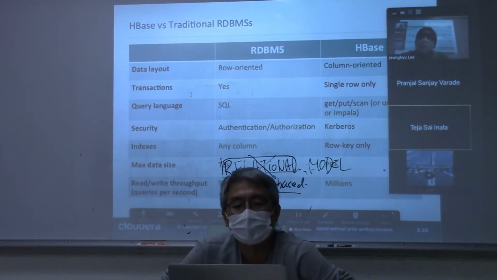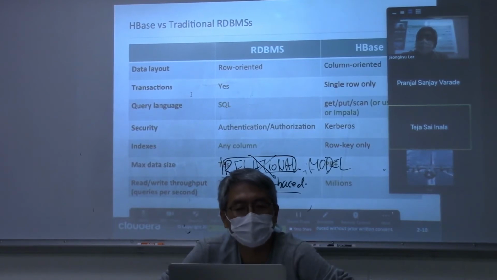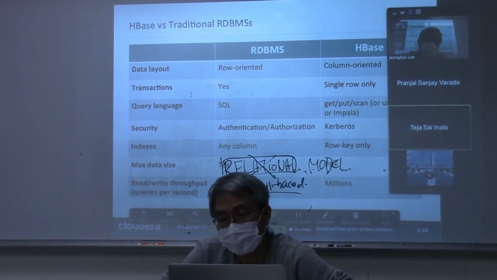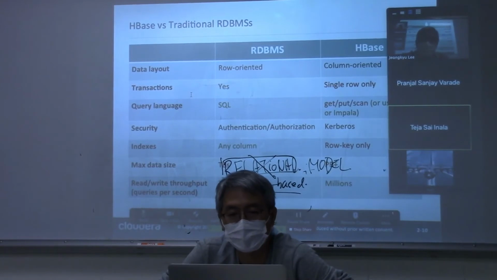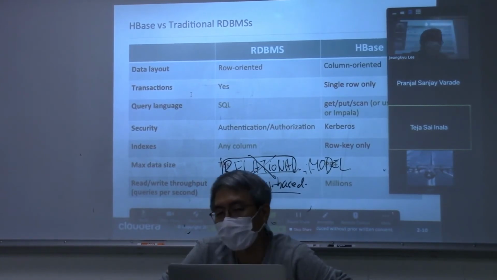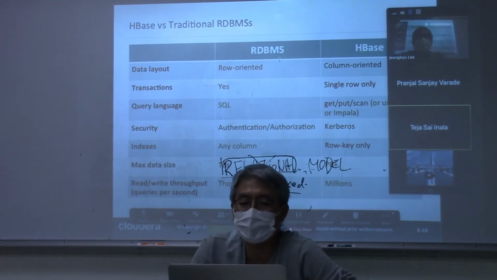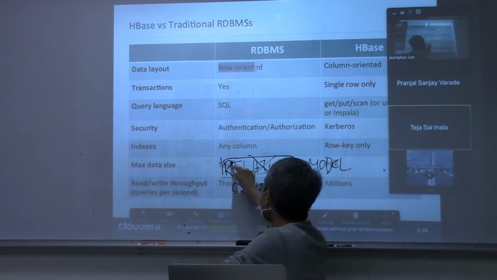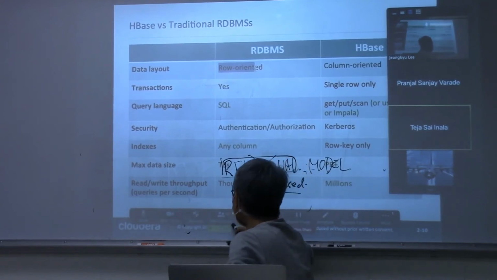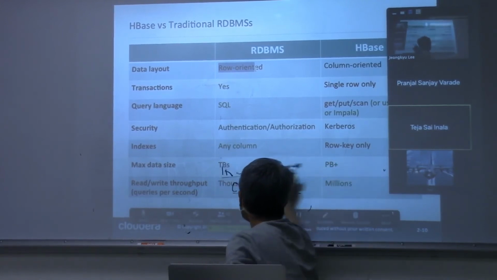We will see more details about relational databases versus NoSQL databases. This slide shows the comparison between RDBMS and HBase. RDBMS, as you know, is row-oriented.